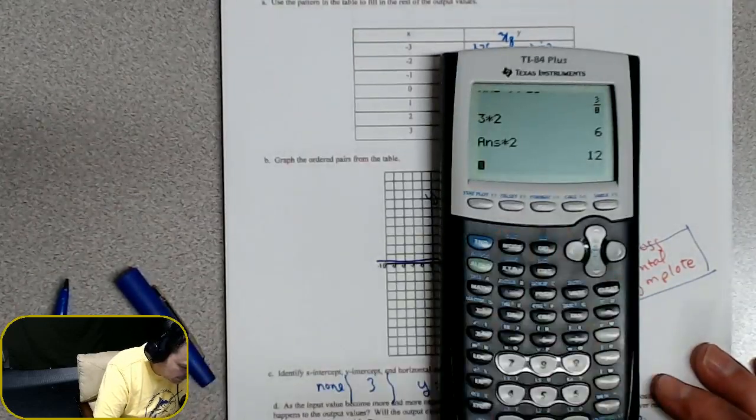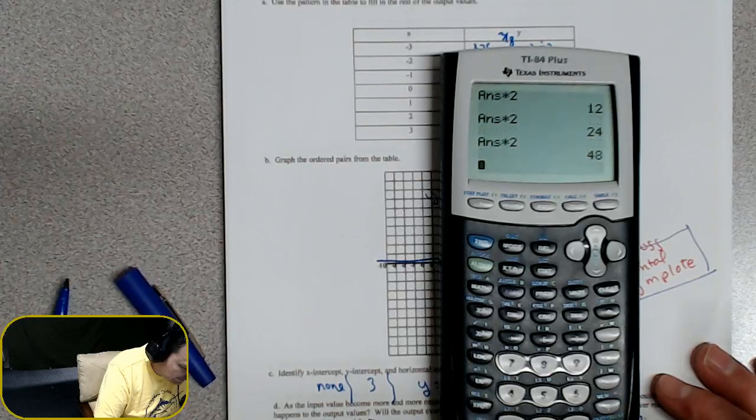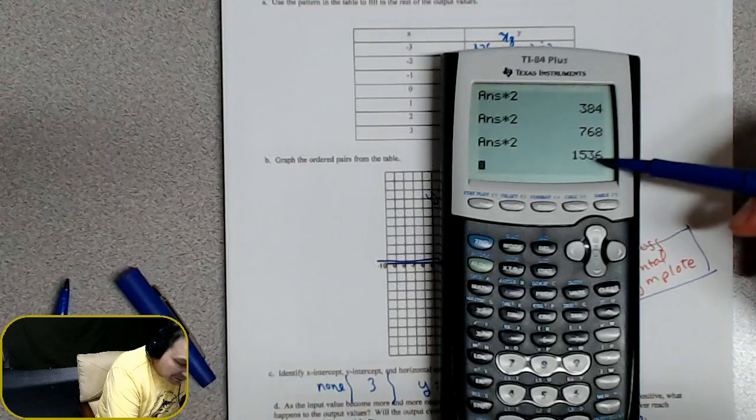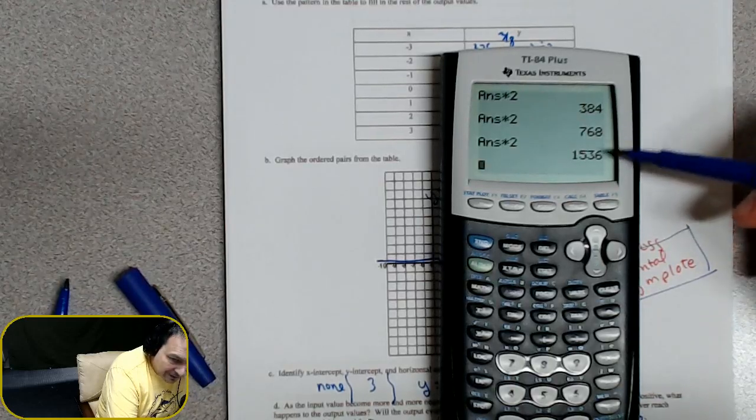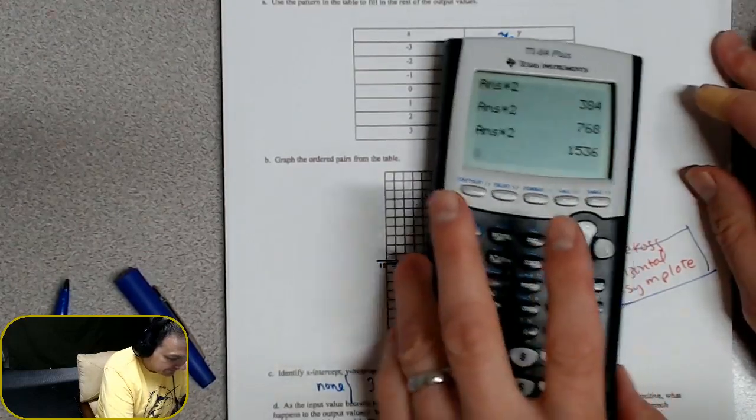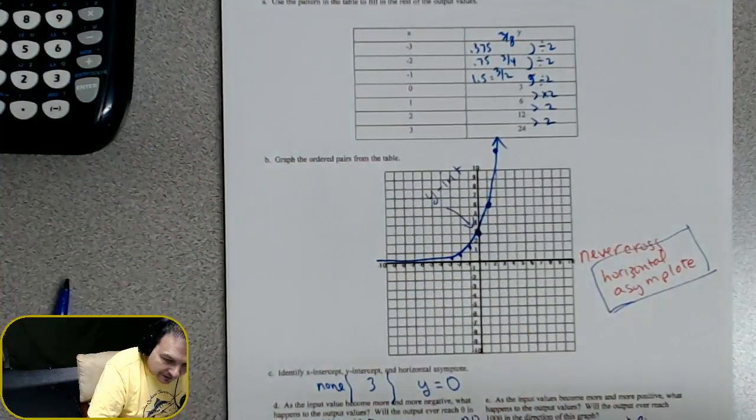That's 2, 3, 4. See, it's doubling. 5, 6, 7, 8, 9. Well, there you go. Somewhere between 8 and 9, it crosses 1,000 because it just doubles every time. See how we did that? That's kind of fun.